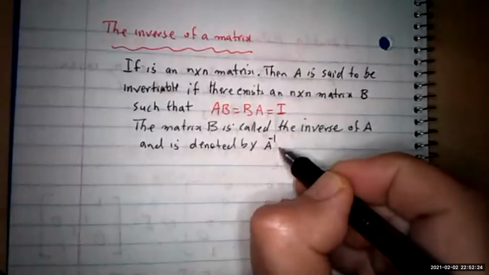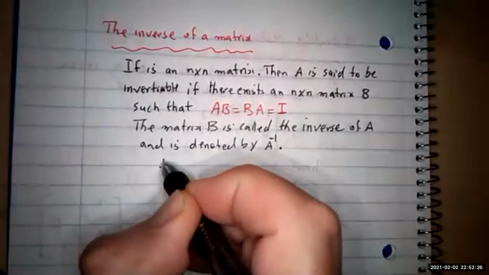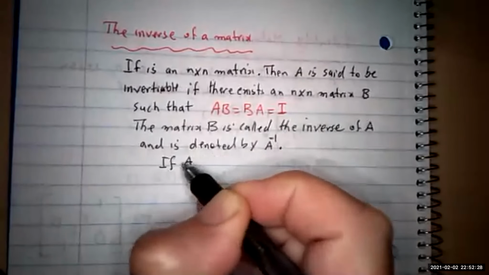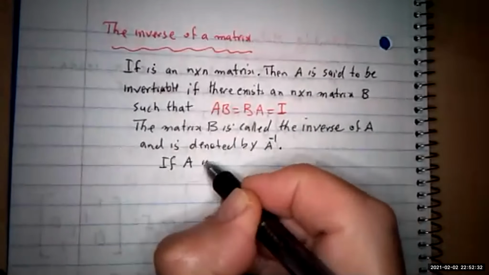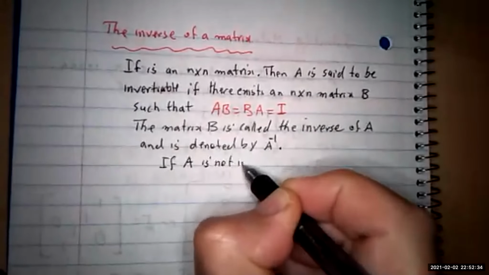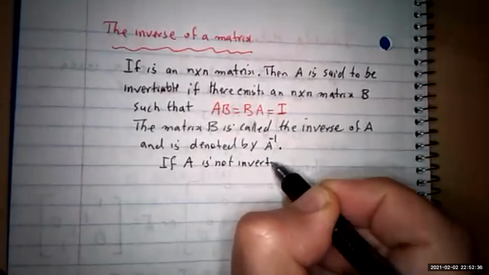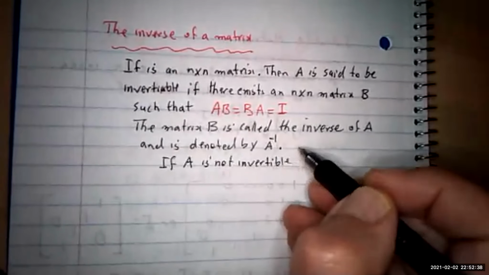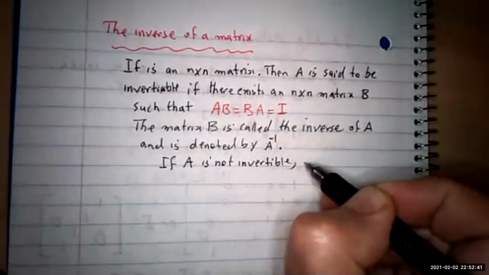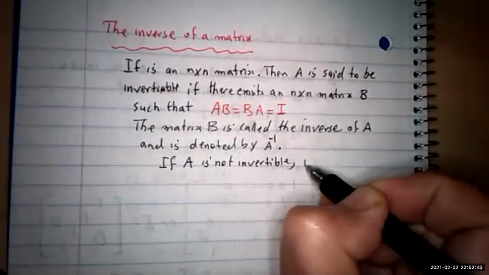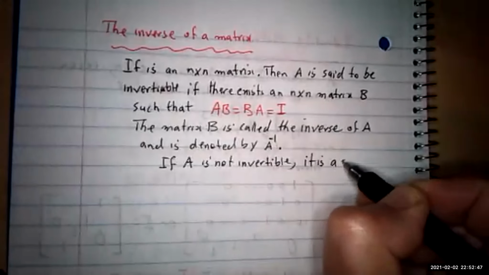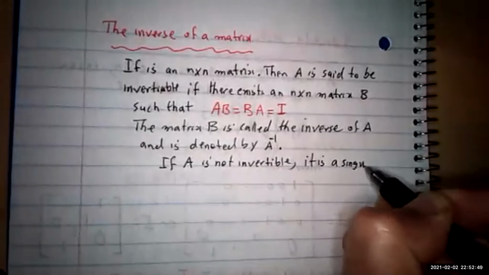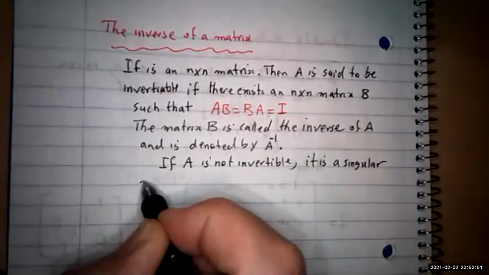So if A is not invertible, if A has no inverse, then it is a singular matrix.